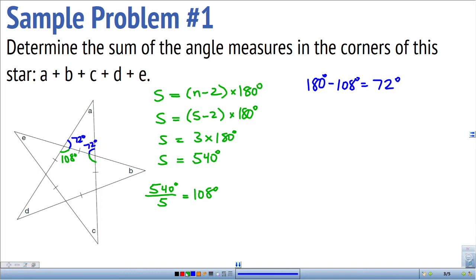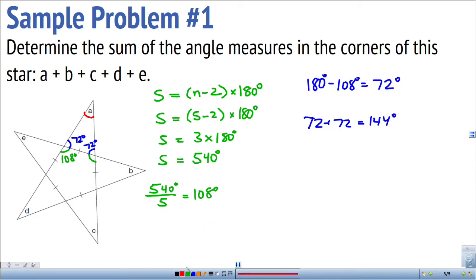Now, if I want to find out angle A, I know that in any triangle the sum of the 3 angles inside of a triangle is 180 degrees. So let's do 72 plus 72, which is 144 degrees.